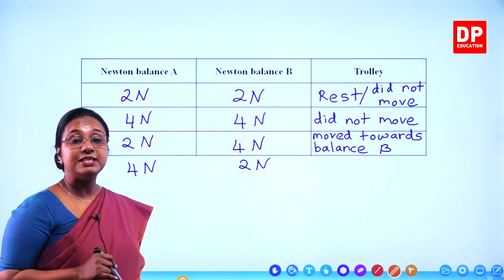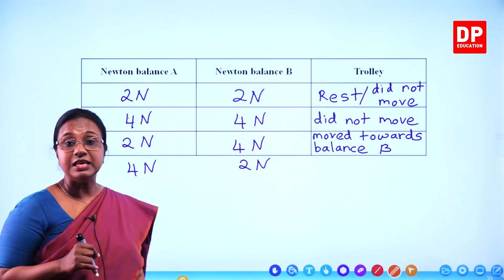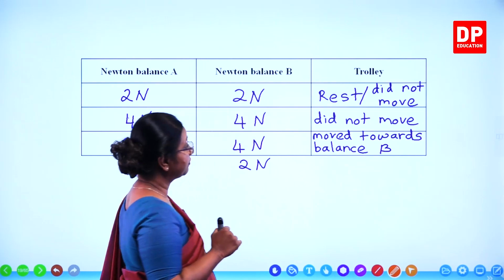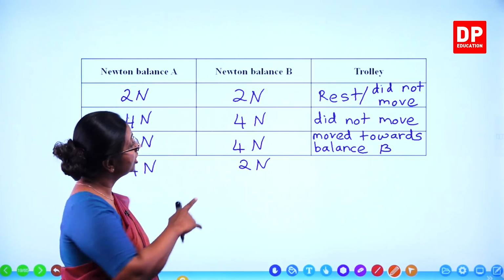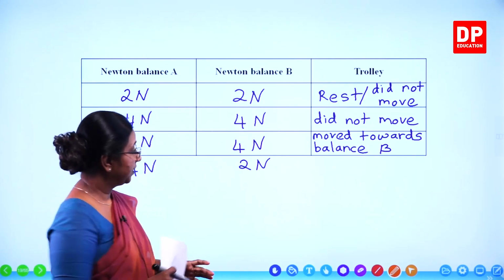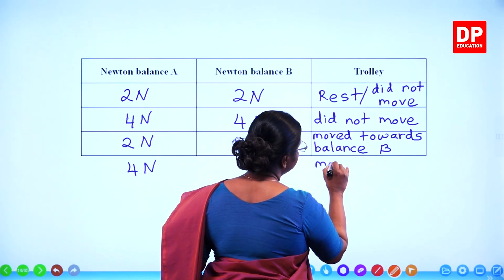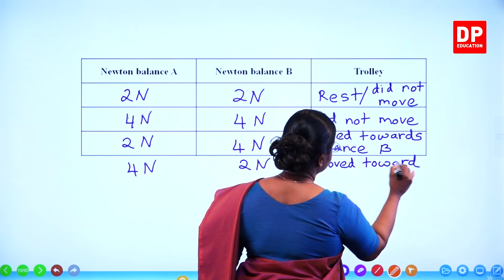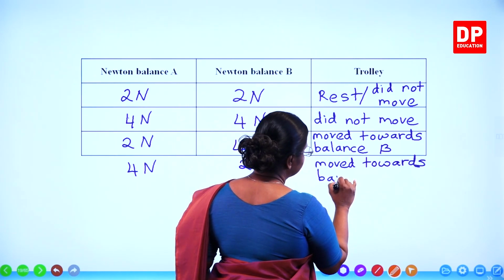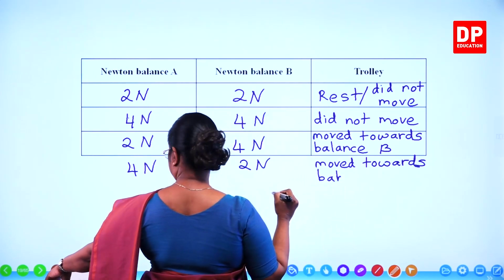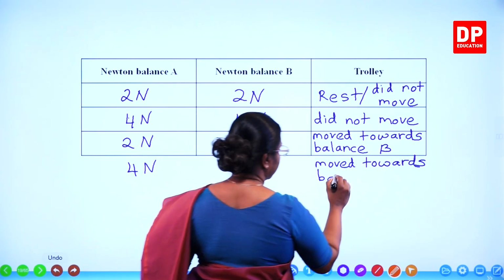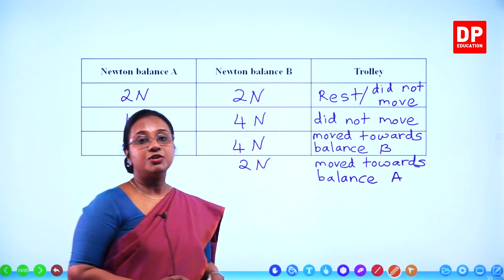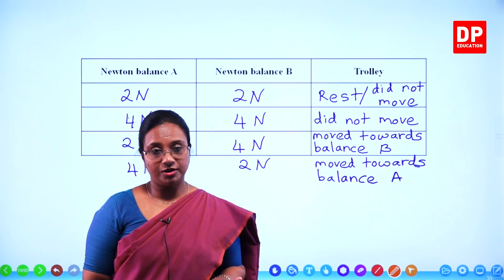That is Newton balance A 4 Newton force, Newton balance B 2 Newton force. There also you were able to see the movement of the trolley, but in what direction? Towards Newton balance A. So here you can say moved towards balance A. So that was the observation that we got.